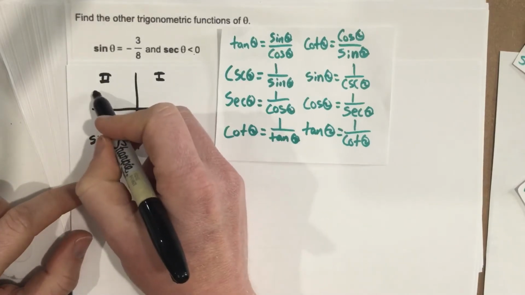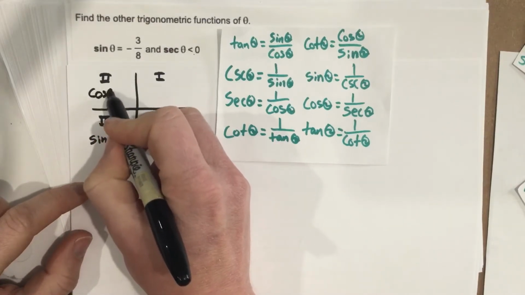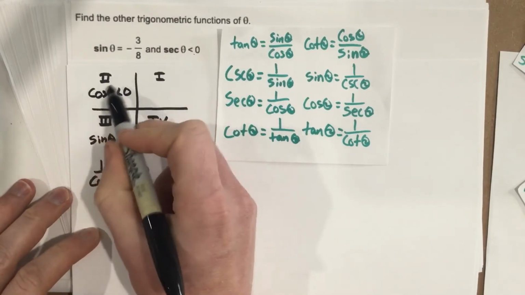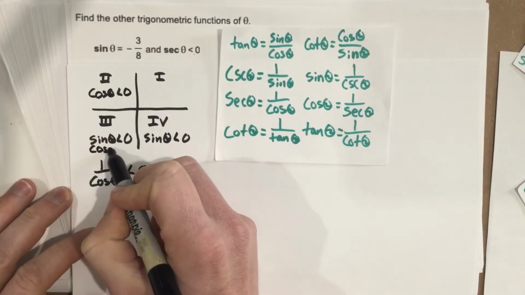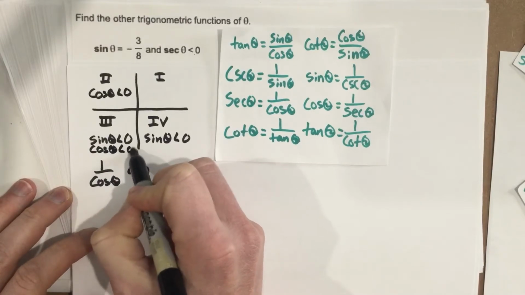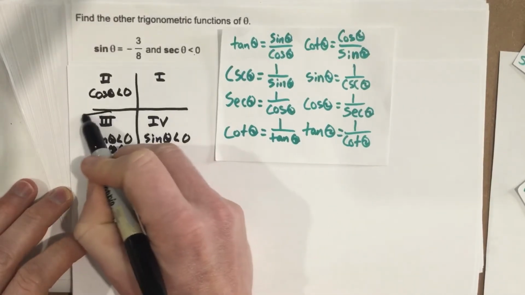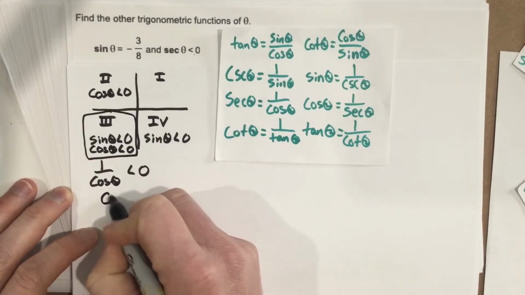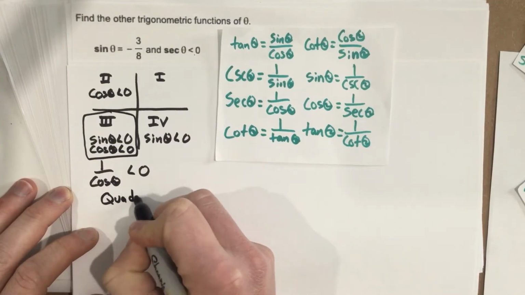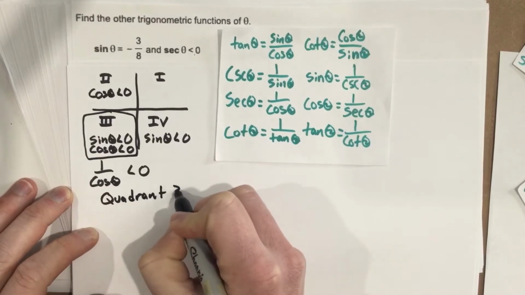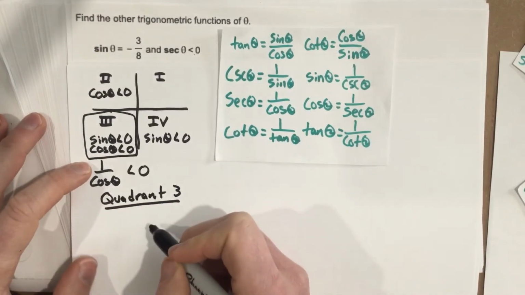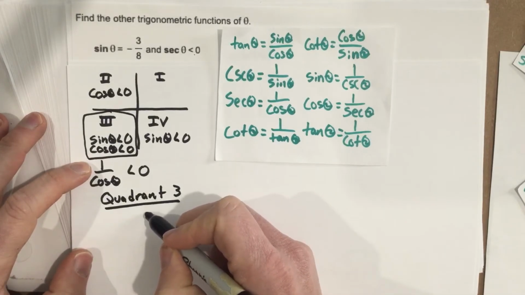Cosine theta is less than 0 on the left side, which is quadrant 2, and then also quadrant 3. Which ones did they share? They share quadrant 3. So we are in quadrant 3. That's an important piece of information to know, because now we can draw our triangle.